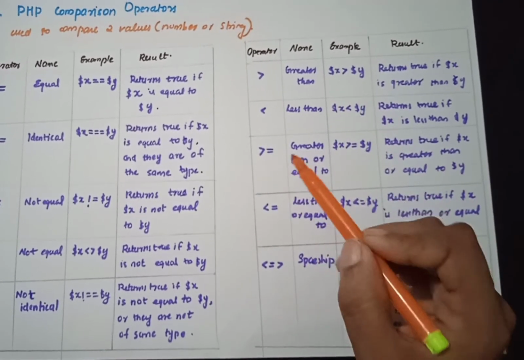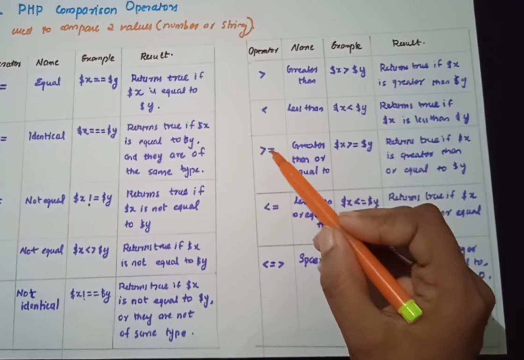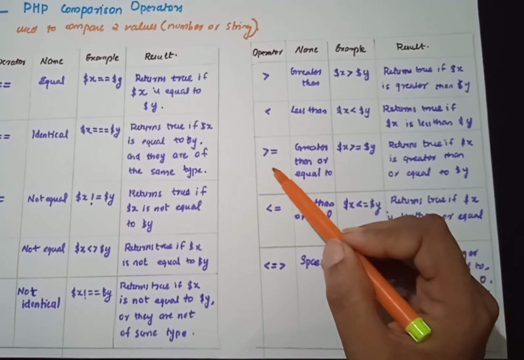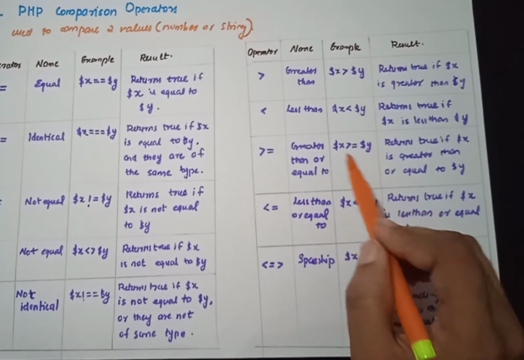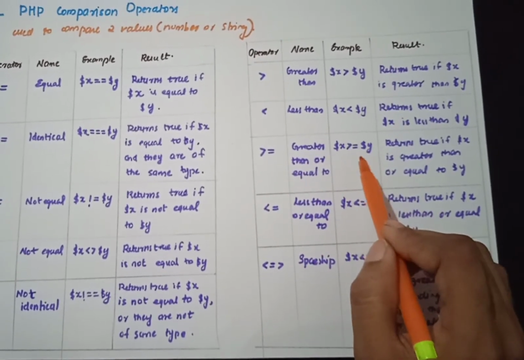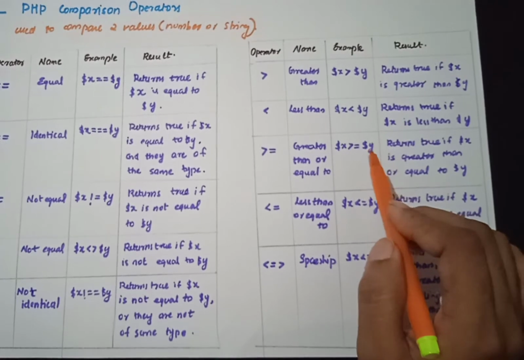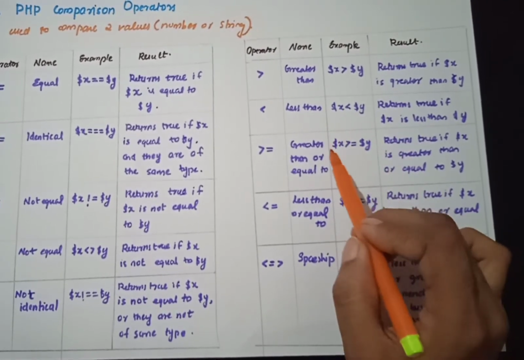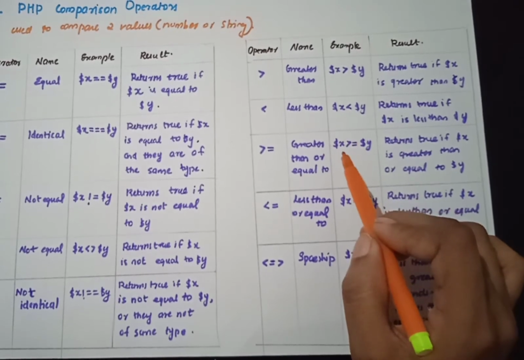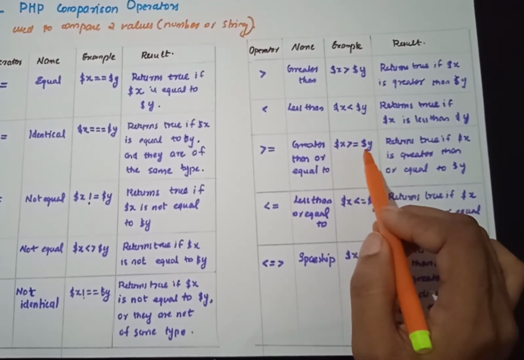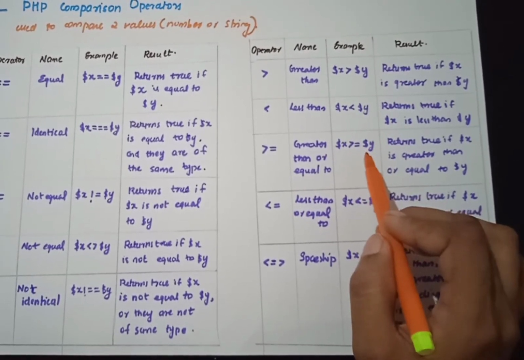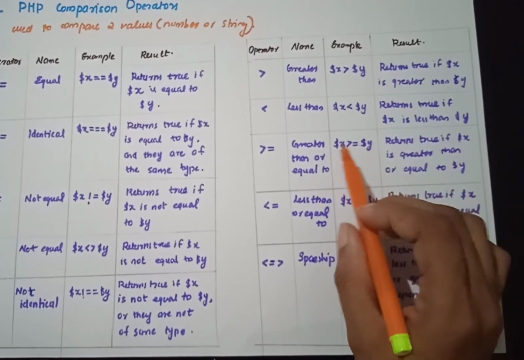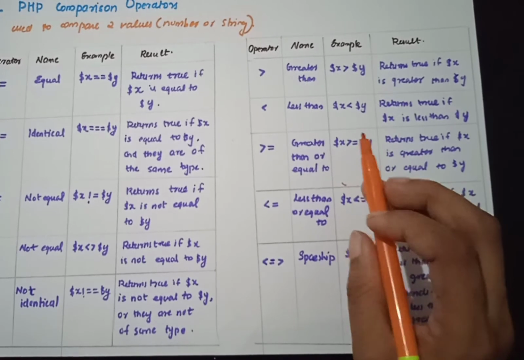This is the greater than symbol with an equal to, so you can call it the greater than or equal to comparison operator. You need to write it just like this, and it will return true when the variable x is greater than, or equal to, y. So you would need to check two different things, but here it checks them all together.